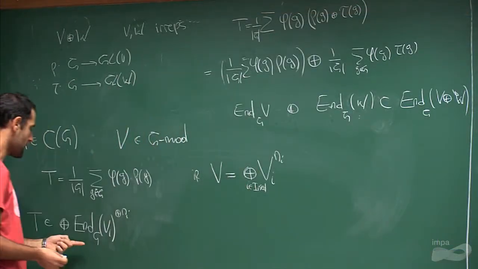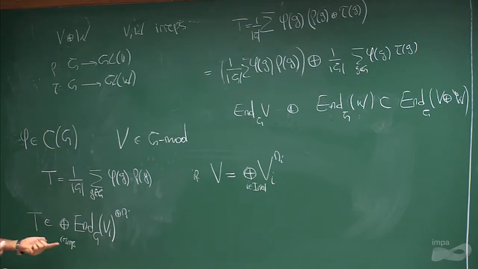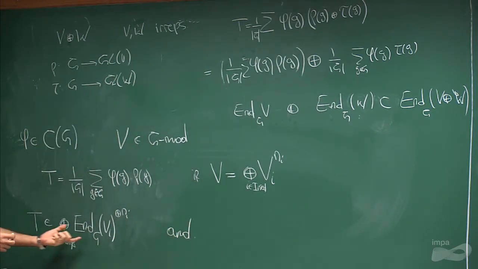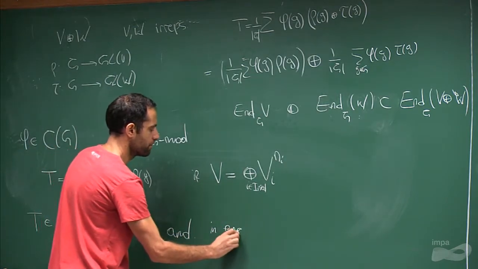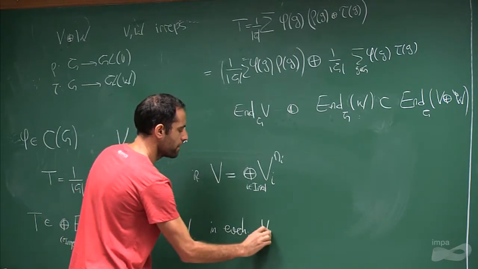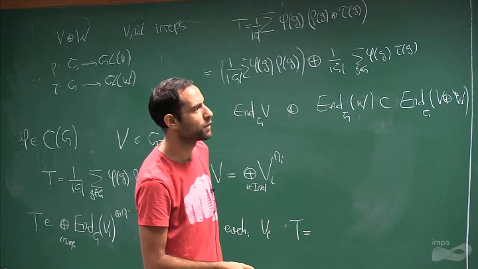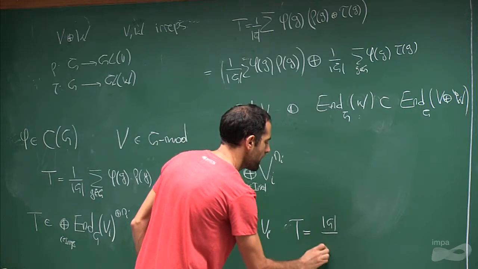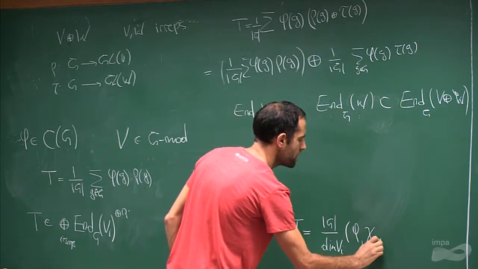So I have a vector here for i in irreps, and in each irreducible component I can now restrict T to each one of these. In each Vi, T is equal to whatever that multiple of the identity is, which is G divided by the dimension of Vi times the inner product of phi with chi of Vi.